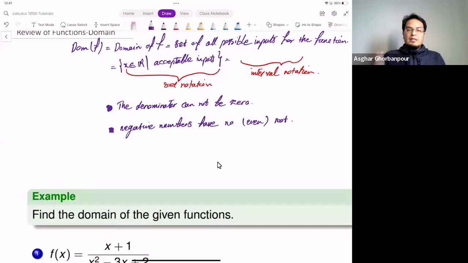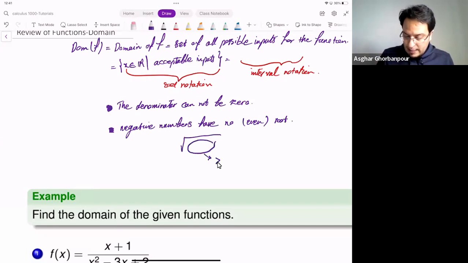So in other words, if you have a square root, what is under the square root must always be bigger than or equal to 0.